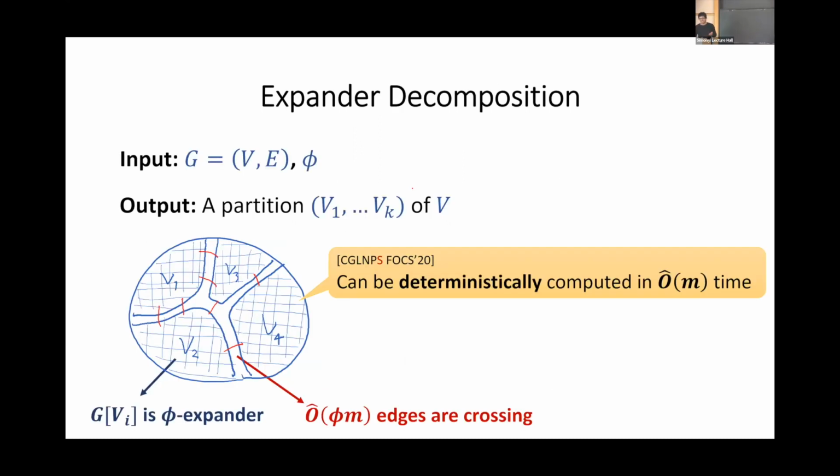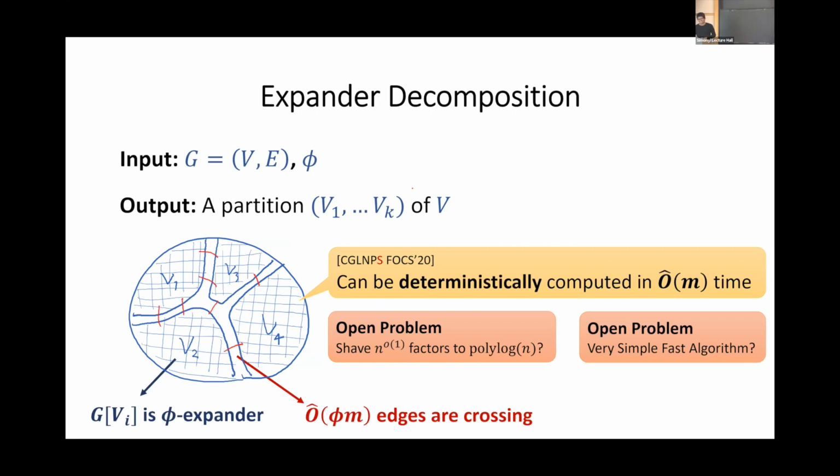So I repeat again: having a super simple algorithm for expander decomposition would make this whole talk practical. Right now, it's not quite practical, I guess. Yeah, that's it. Thanks.